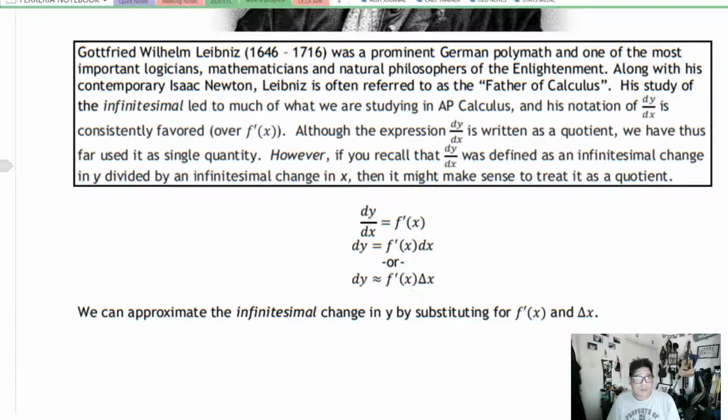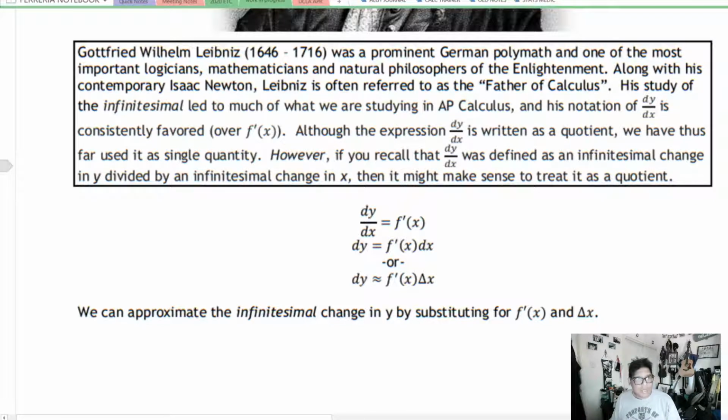Although the expression dy dx is written as a quotient, we have thus far used it as a single quantity. However, if you recall that dy dx was defined as an infinitesimal change in y divided by an infinitesimal change in x, then it makes sense to treat that as a quotient.